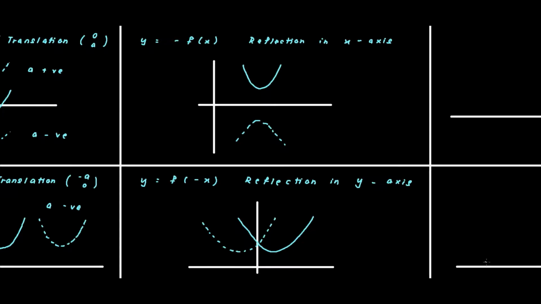And for the last one, we have stretch. Let's start with the vertical one first. So you have the function y equals a f(x). Now this is the stretch with scale factor a, and the stretch is actually parallel to the y-axis.